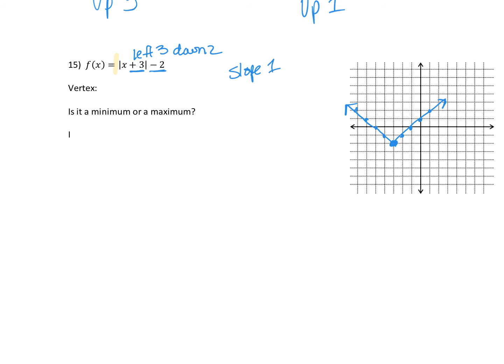My vertex is just my starting point. I started right here, so that was negative 3, negative 2. And is this a max or minimum? Well, because my starting point is the lowest point and it just goes up from there, it's a minimum.